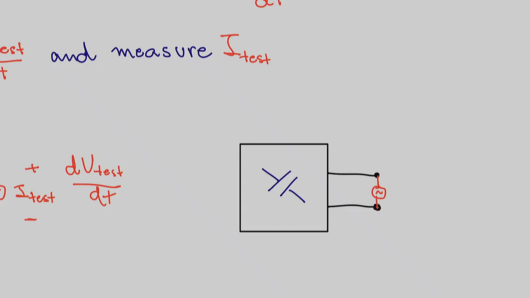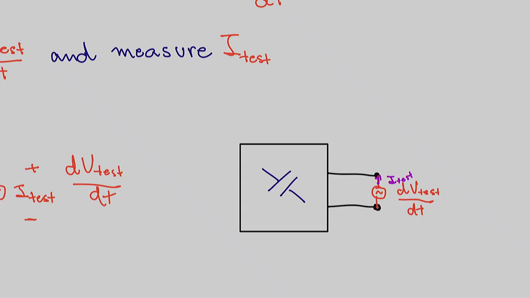Okay, so I am applying dV-test/dt, and because now I'm giving power to the circuit, there will be a current. Let me make it in a different color here. I-test. Okay?